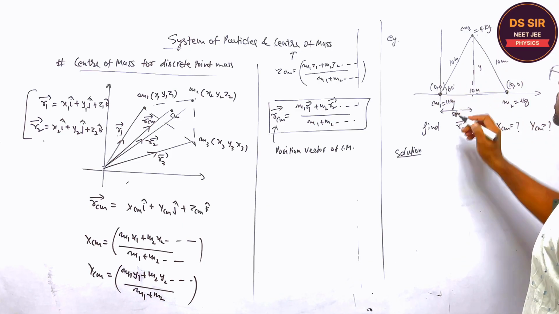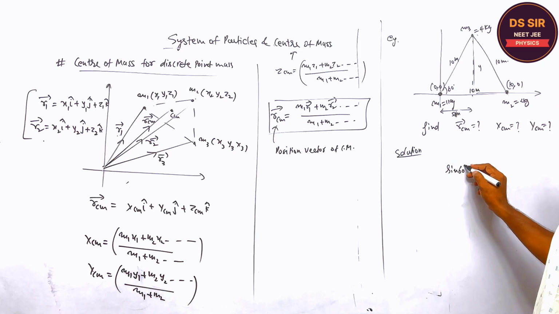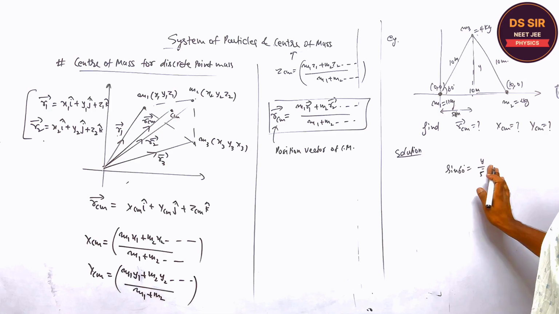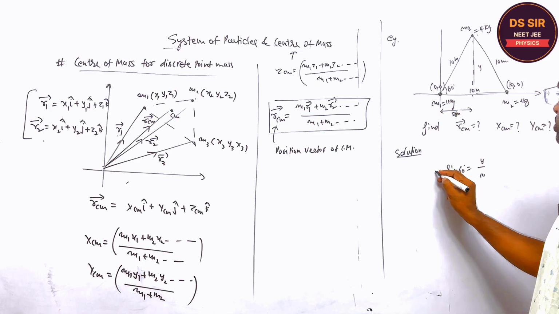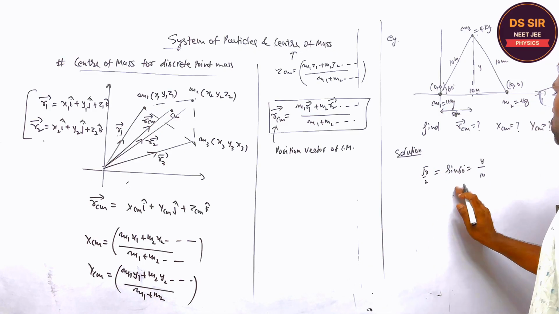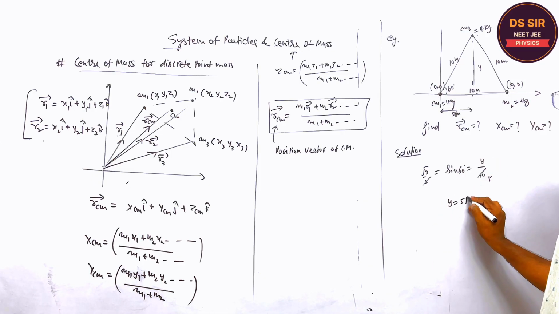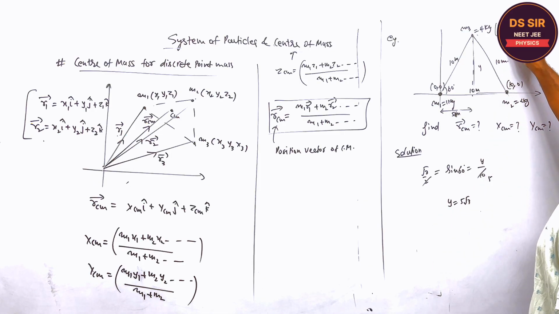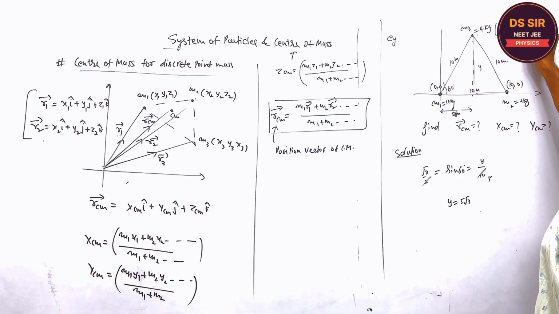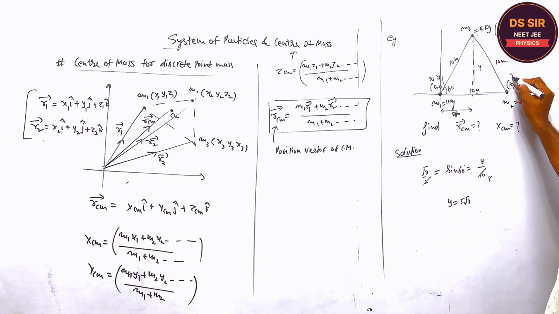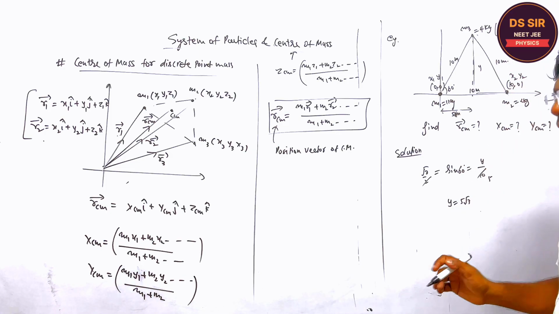This is the 60 degree, and sine 60 we can write equal to y upon 10, right? So sine 60 is root 3 by 2. So y is equal to 5 root 3. So the coordinates are 5, 5 root 3. Is it clear or not? So if we assume this is M1, this is x1 y1, this is x2 y2, this is x3 y3. Is it clear or not?